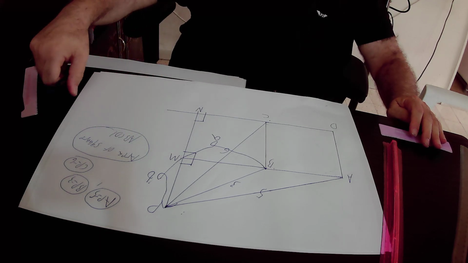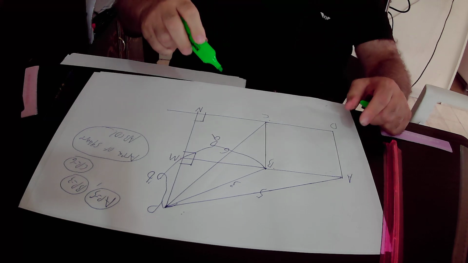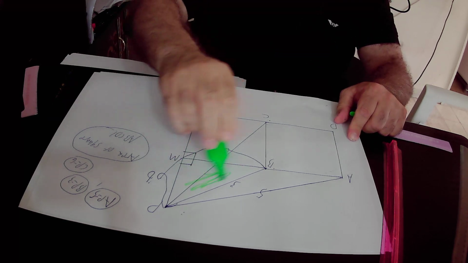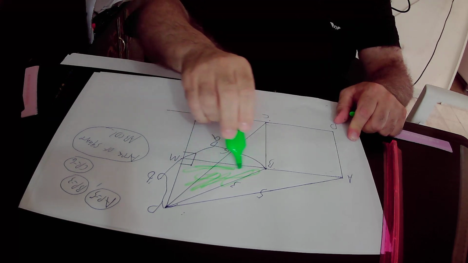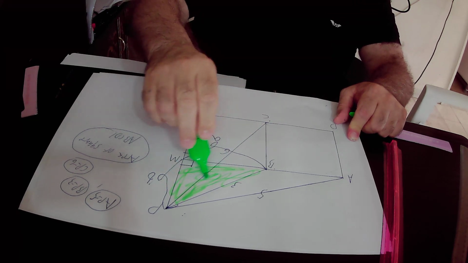In the next step, we will apply the Pythagoras theorem on the green right triangle PBM.